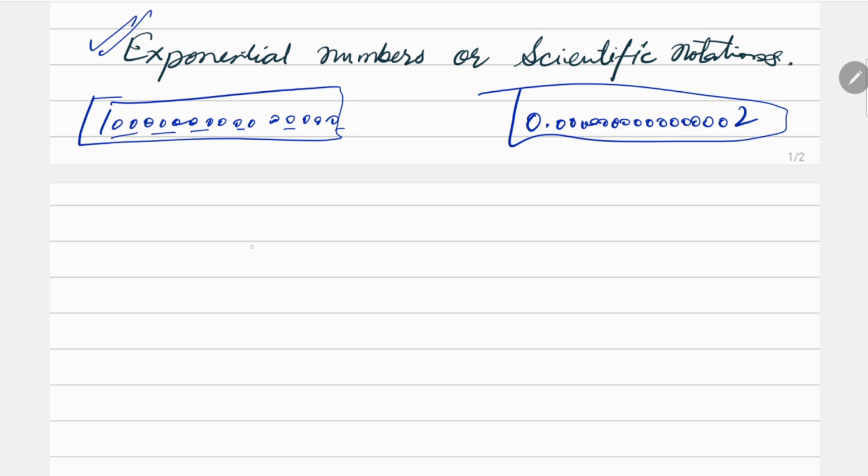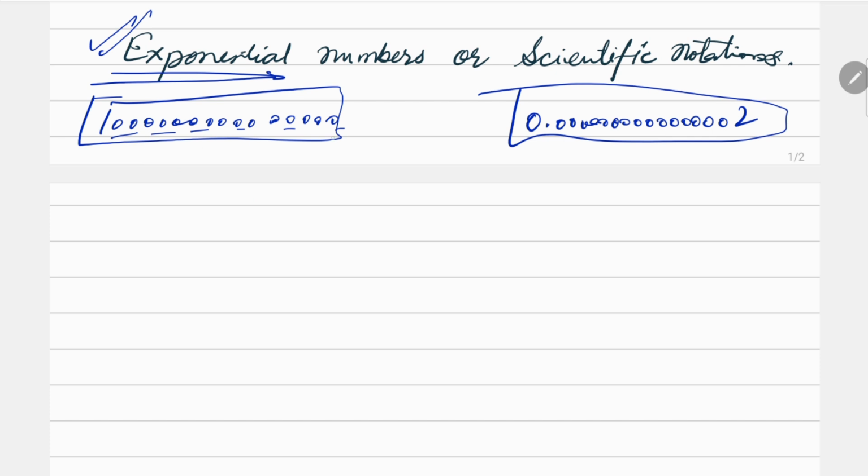So what is scientific notation? We have heard about exponents in mathematics, so we are going to use the same idea. We are going to convert these large and very small values into exponent numbers.